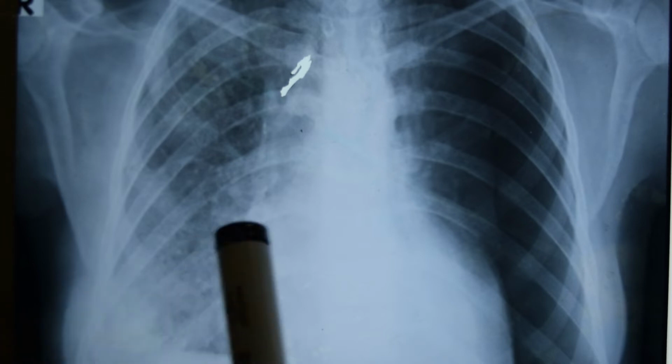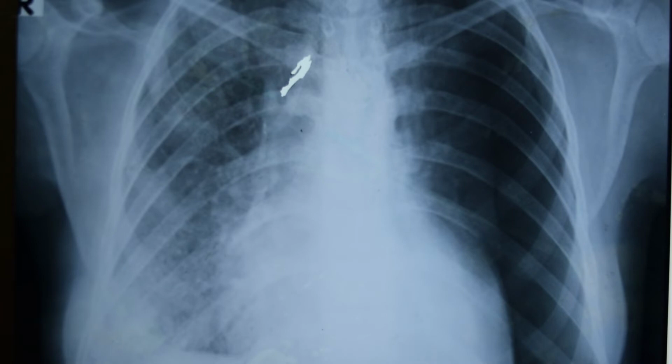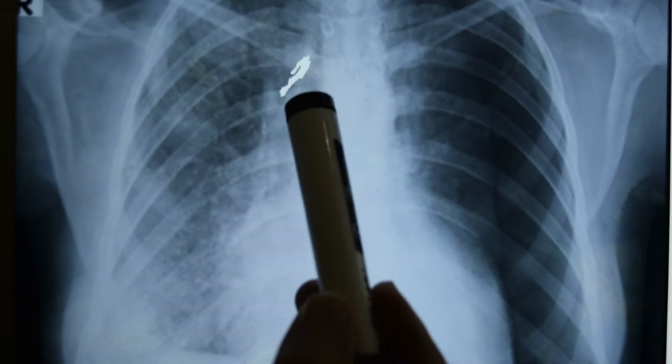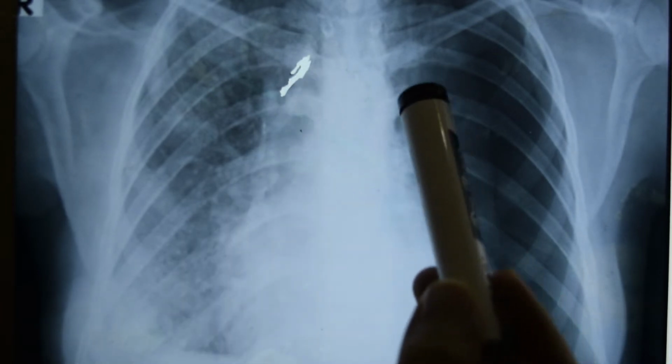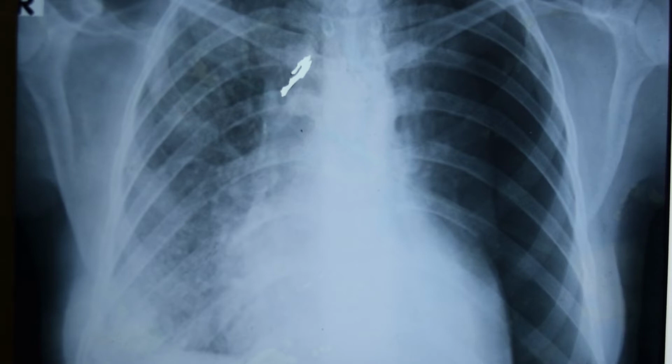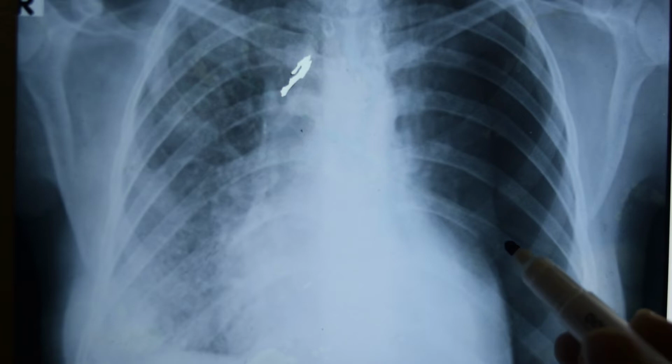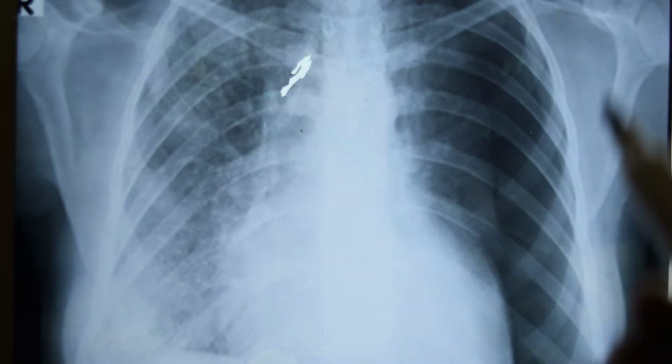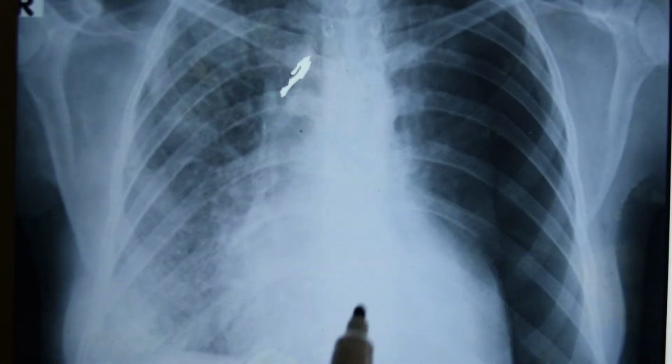This is the right lung, this is the left lung. This is the cardiac shadow. This is the left side. However, if you watch it very closely, this is a thin line going towards the upside.